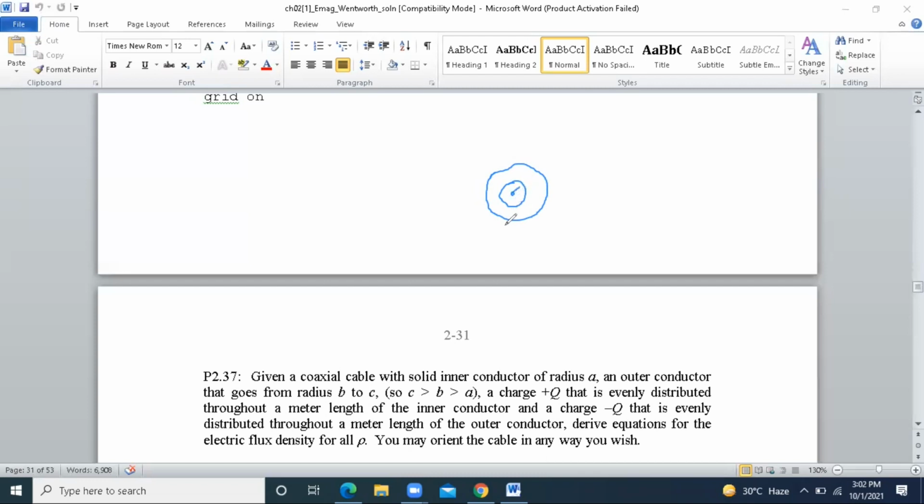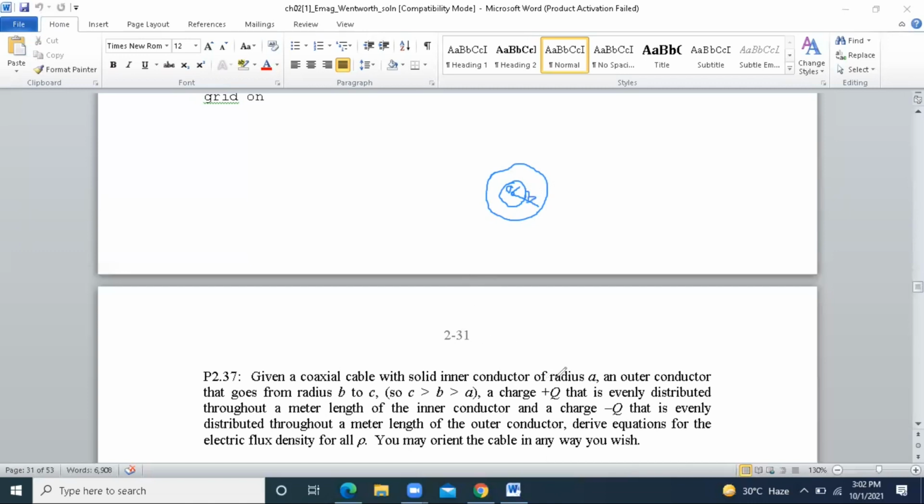A, the radius is A. So the inner radius is A. So this is A. This is B. Right?